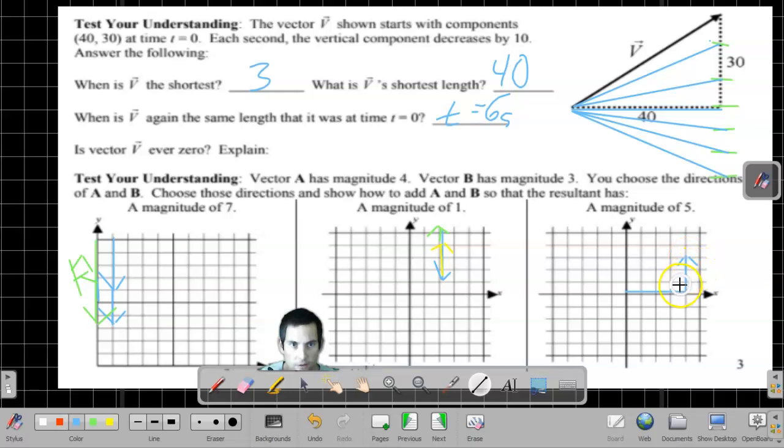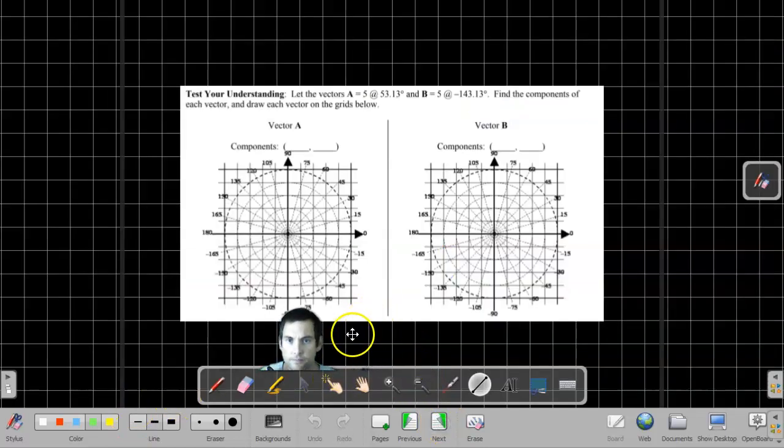Then vector C, or the resultant, is just going to be from the ending to the start. It's a 3, 4, 5 triangle. 3, 4, 5 right triangle. There's our right angle right here. And there we go. What's up next?